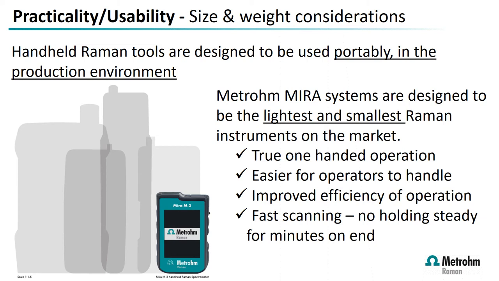You're not holding it up for minutes on end because the system is extremely efficient and collects the spectra very quickly. In terms of usability, the intuitive touchscreen device and optimized sample workflows mean there's less operator involvement required, less room for error, and the systems are extremely well regarded because of that.